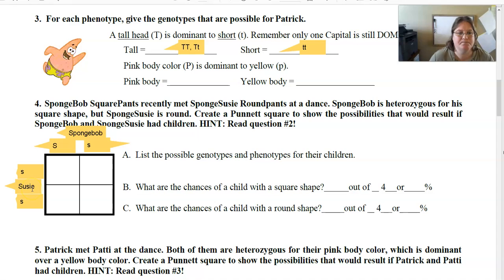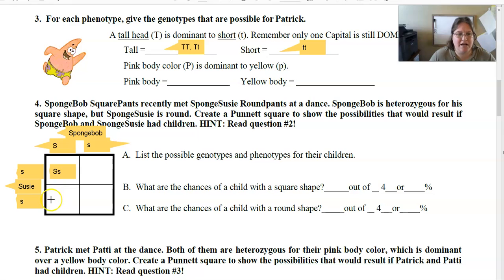Okay, so let's work this problem. You're going to pull all the capital S's down here, so this box has to have a capital S, and this box has to have a capital S, because you're just pulling it down. So let's do this one, and you're going to have a capital S. And you've got to take these little s's and pull them across this way, so then it would be a little s.